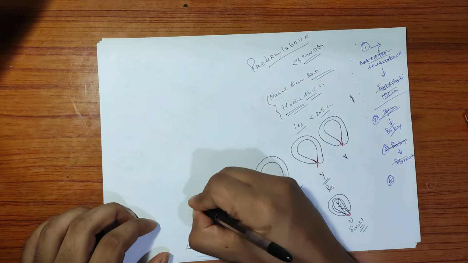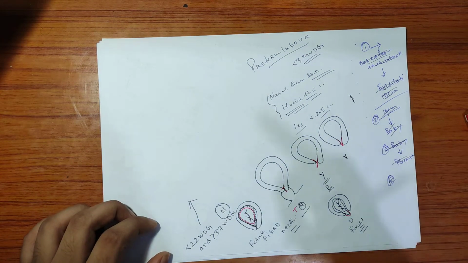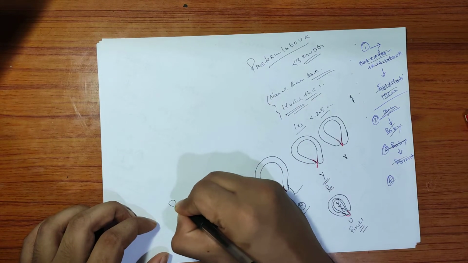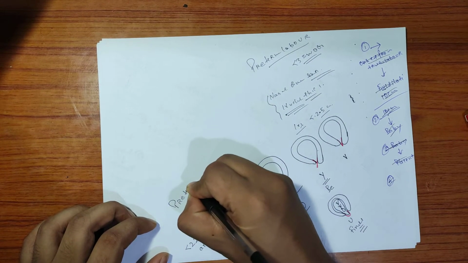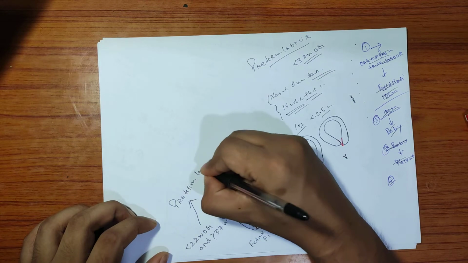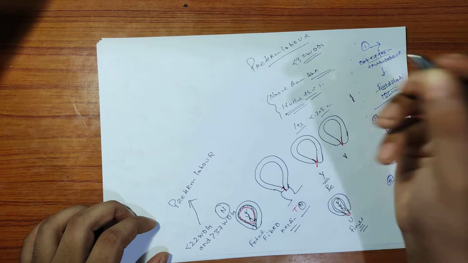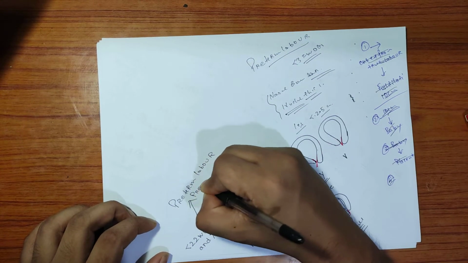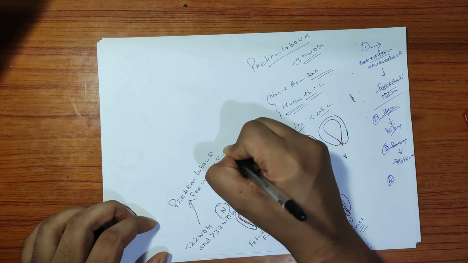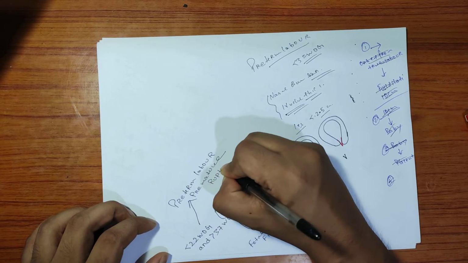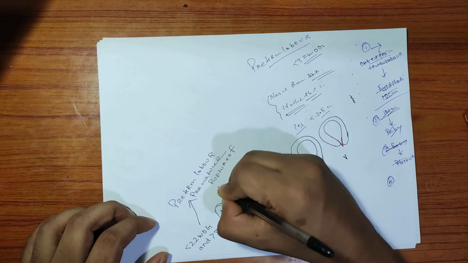Other than this, it is pathological. If you see it is pathological, then remember it is either preterm labor or premature rupture of membrane.